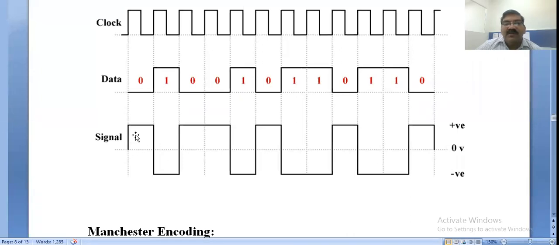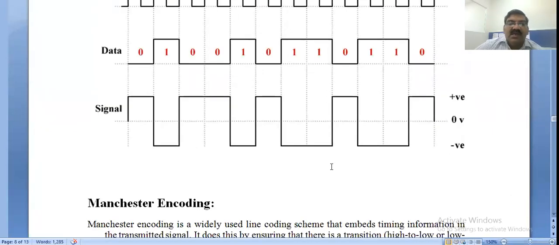So this is the bipolar non-return to 0, NRZ. It is a simple technique. This 1 is represented by negative, 1 by negative. So if you put this table in front of you, just remember the mechanism, and accordingly we can go ahead.